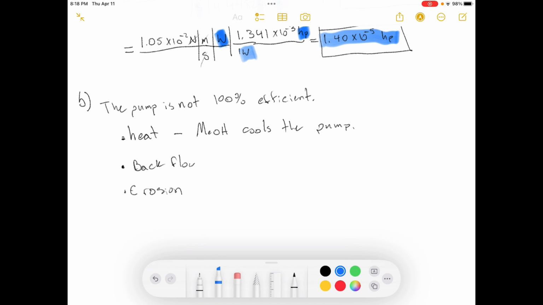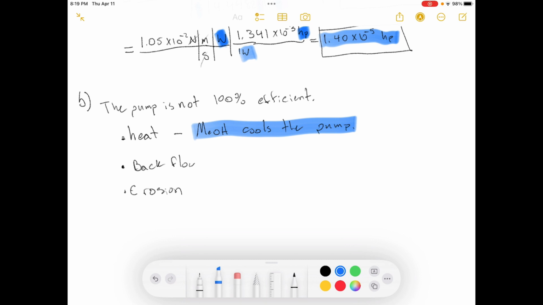Some of the energy that the pump is using is going to go to friction losses and heat. It's going to heat up the pipe or heat up the fluid. A lot of pumps will actually use the fluid that they're pumping to cool the mechanics inside of the pump.